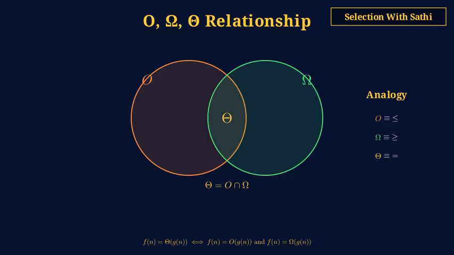Here's a powerful analogy that makes this crystal clear. Think of big O as less than or equal to for growth rates, omega as greater than or equal to, and theta as exactly equal to. For example, 2n² + 3n is O(n²), it's upper bounded.